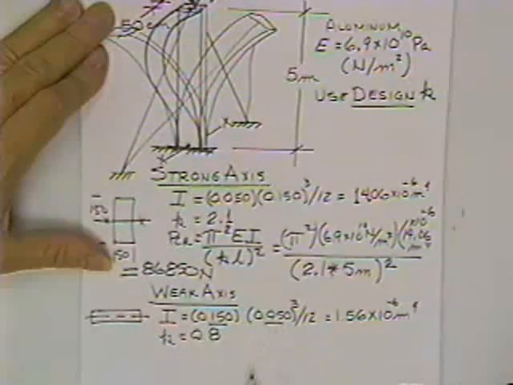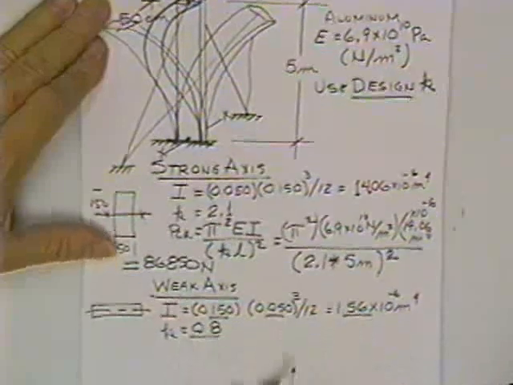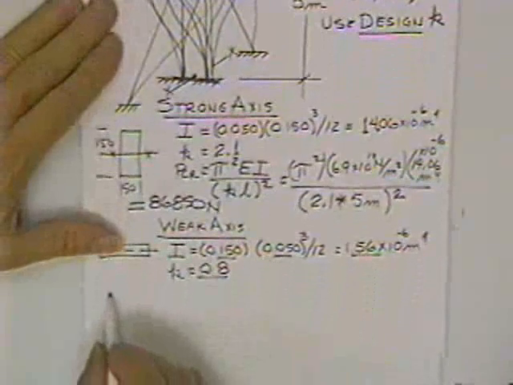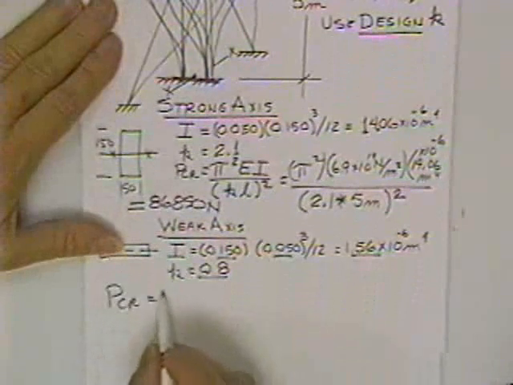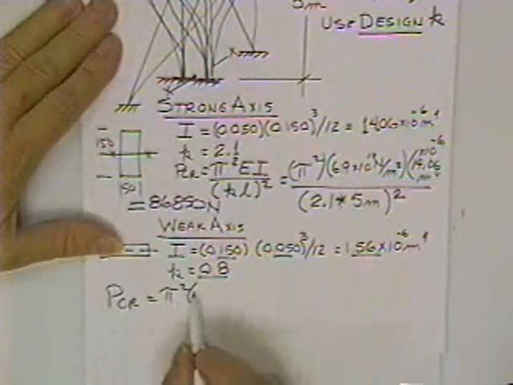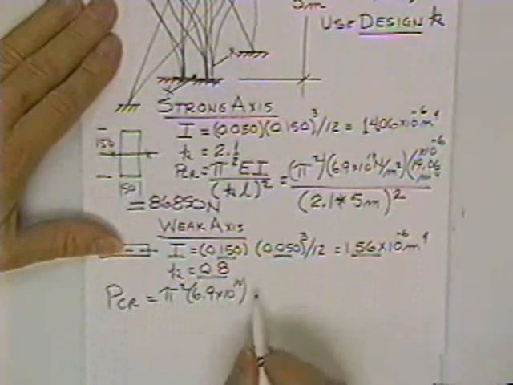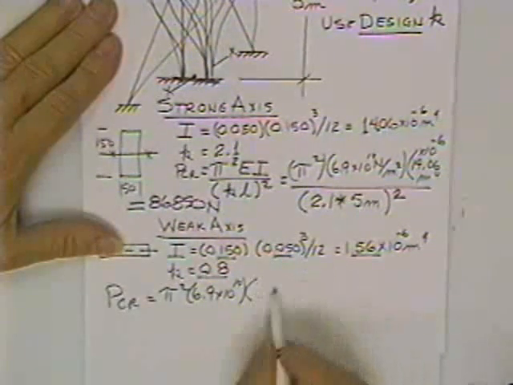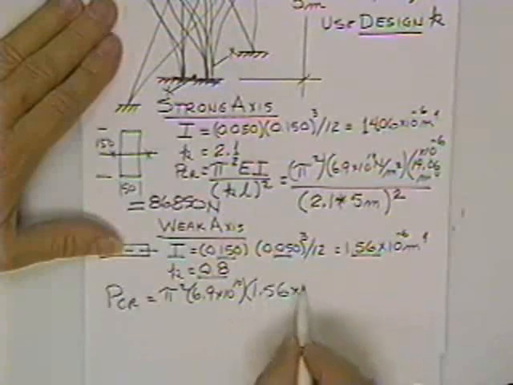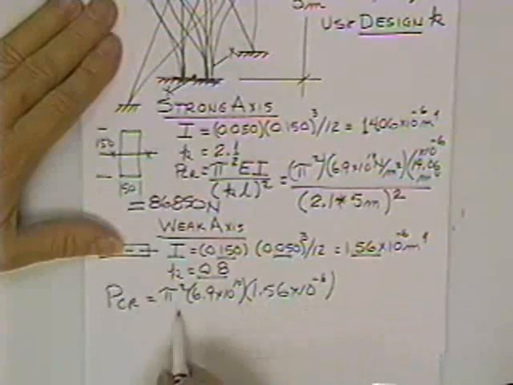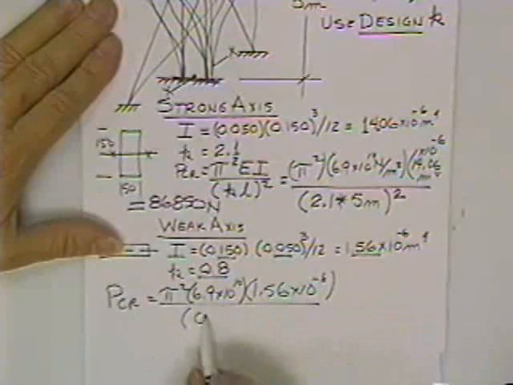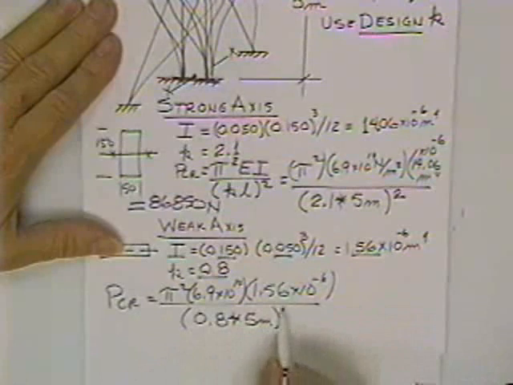Now the base is 1.5 and the height is 0.05 for a moment of inertia. There's the K. And now P critical is equal to pi squared E 6.9 times 10 to the 10th, I 1.56 times 10 to the minus 6th, divided by 0.8 times the true length squared.